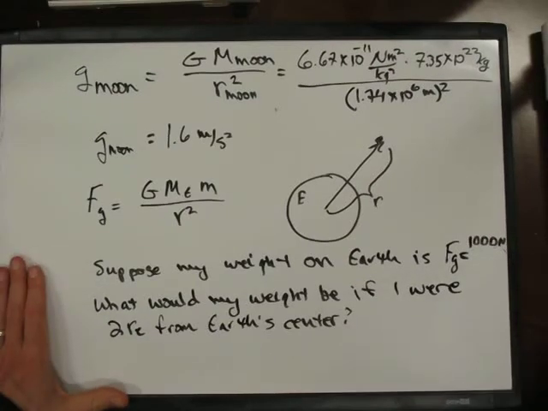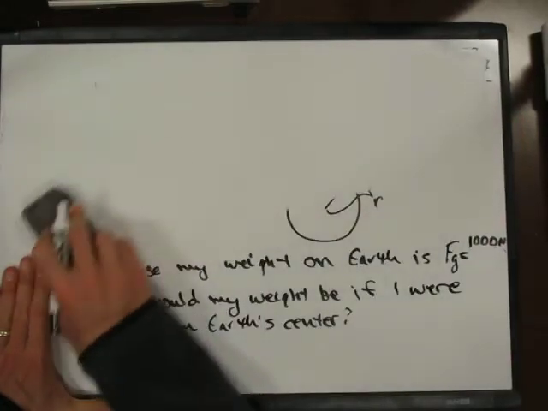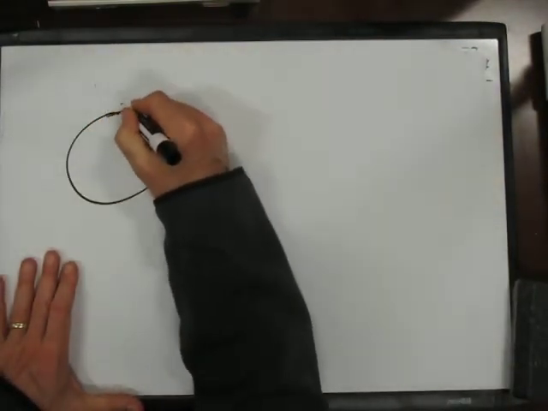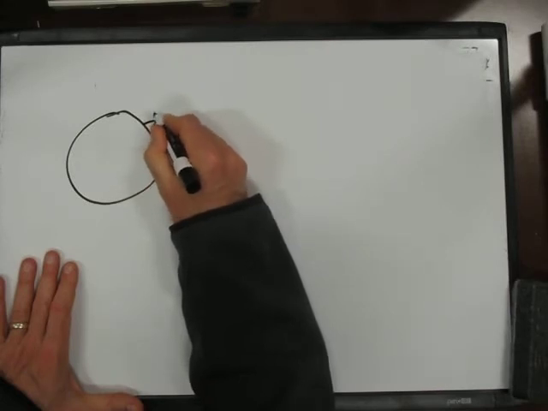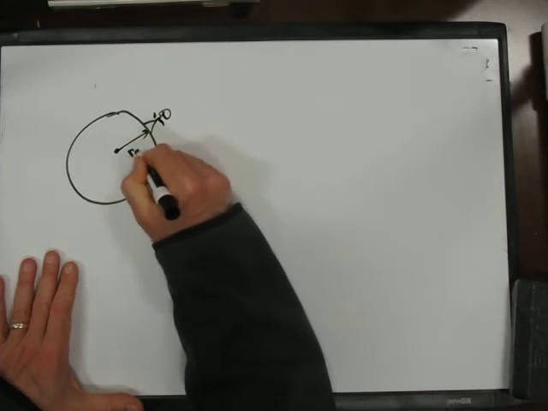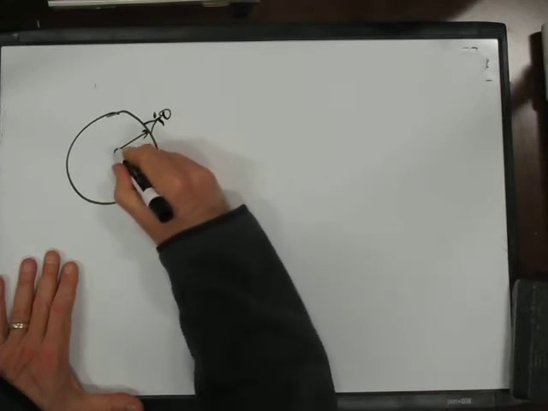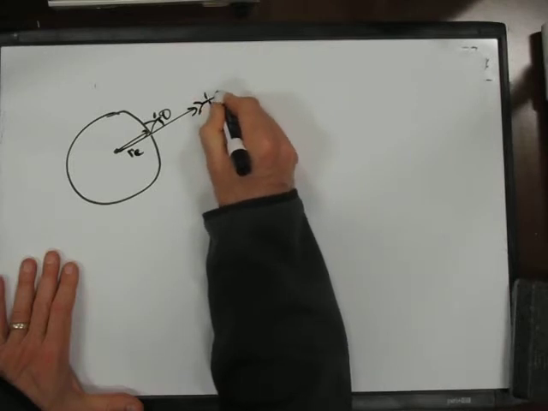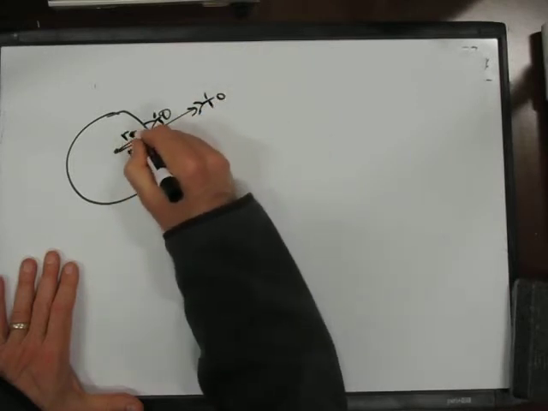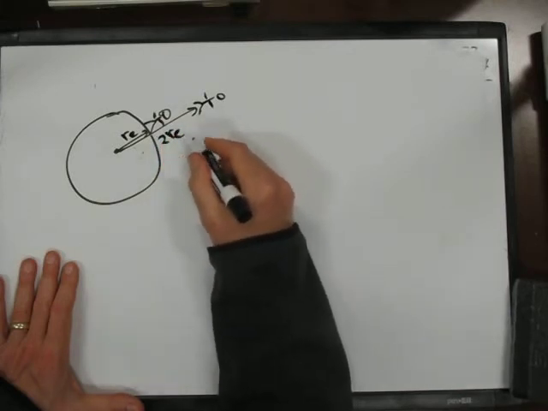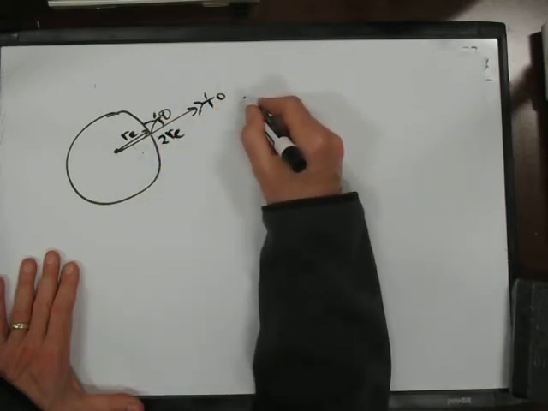And so we can just look at this formula and figure that out. Again, if I'm standing here, my distance is the radius of the Earth, RE, and if I'm floating out here somewhere, that's 2RE.